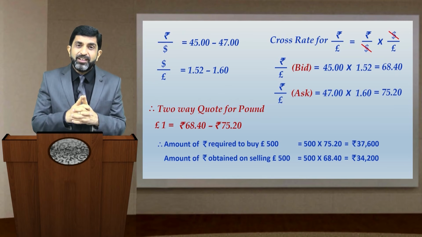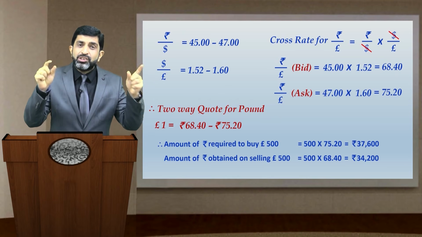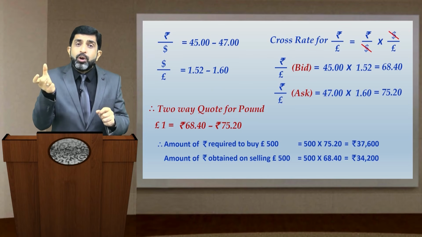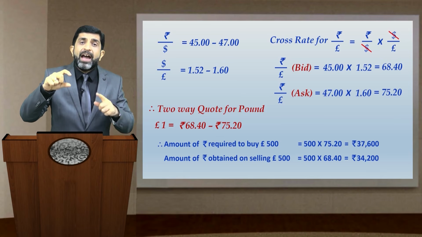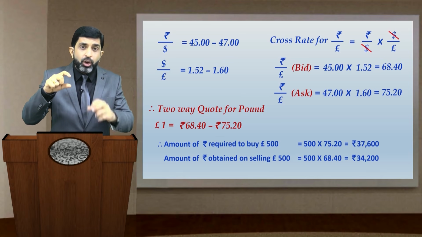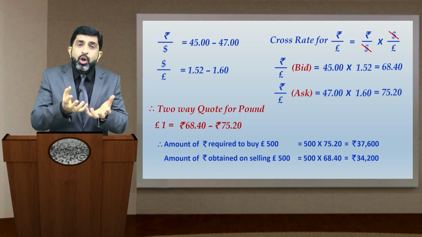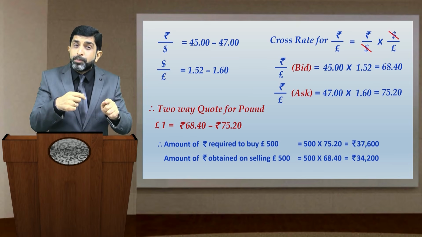So friends, what we did in that calculation to arrive at 34,200, we first sold 500 pounds and obtained $760. We have applied bid rate. Then we don't want dollars, so we will again sell dollars in exchange of rupees.